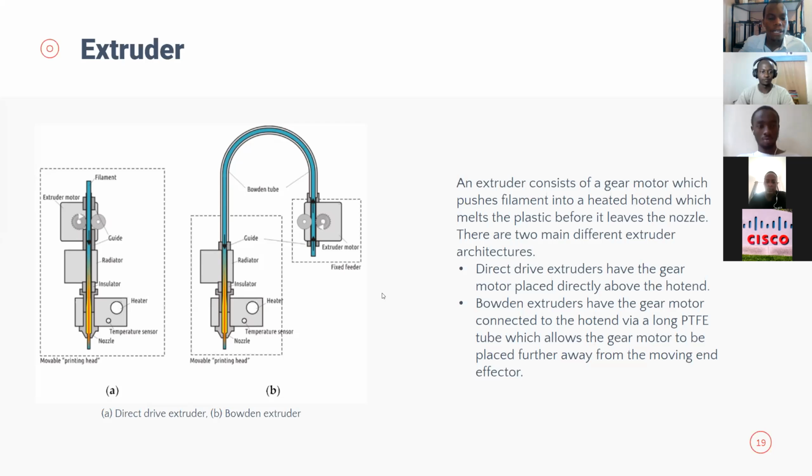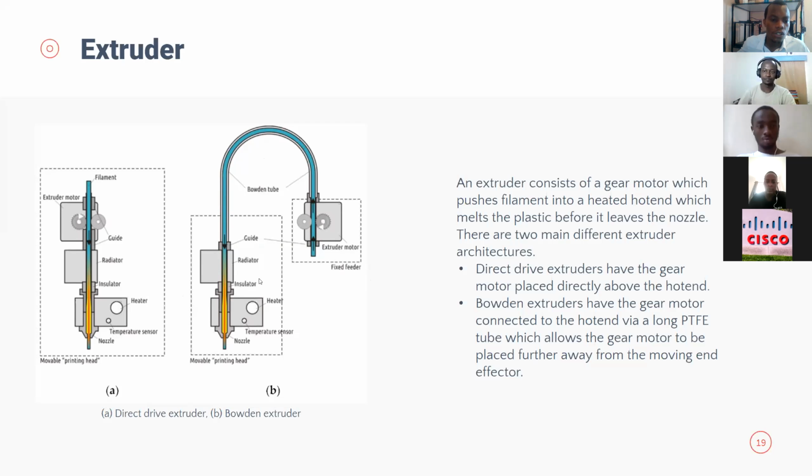So there is a fixed feeder. We are going to look at two types. On the left, you can see there is a gear and some circular, round surface. When the gear or the extruder motor rotates, the blue part, which is our filament, is sucked into the extruder.